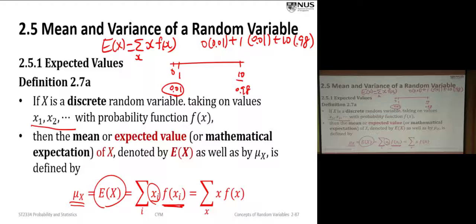Whenever you see the mean, some of you may always think that you just add up all the values and then divide by the number of observations. That is a special case of the mean. The mean in probability and statistics, for discrete, is x times the probability of x. So in fact, it is basically a weighted average.